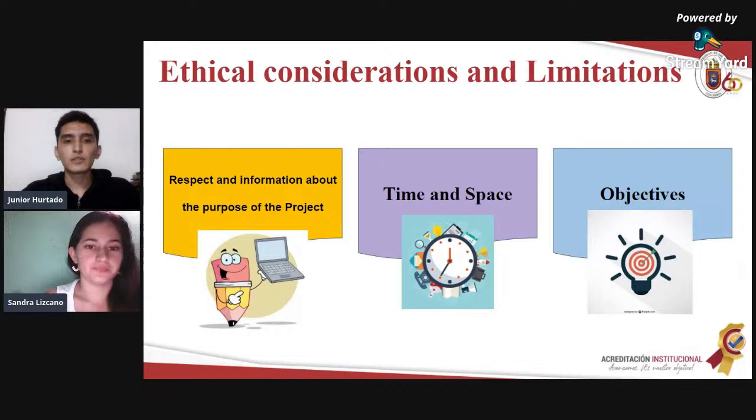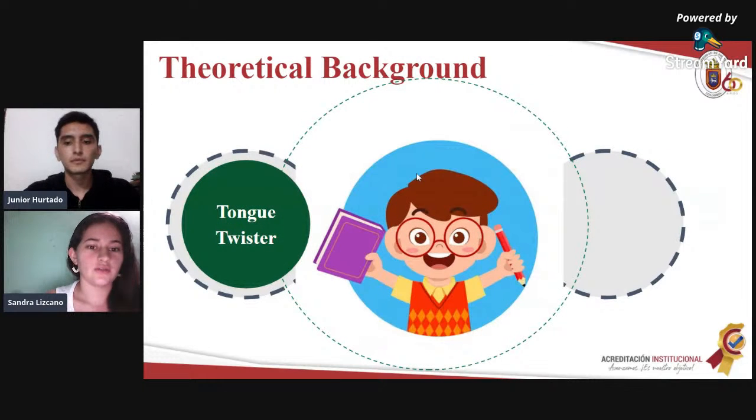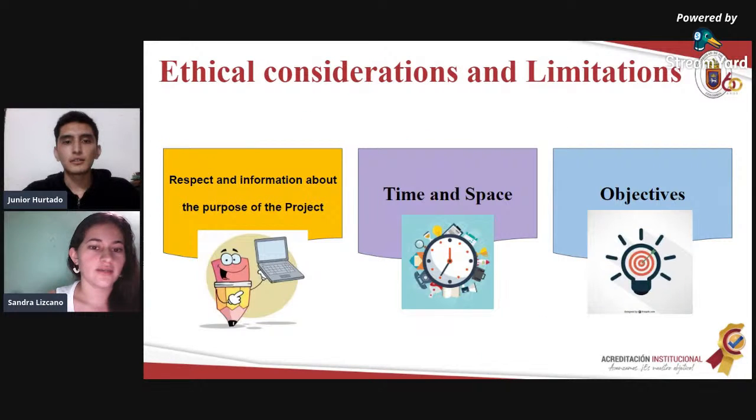So in this case, continue with the limitations. Okay, about the limitations, as my partner said, there are time and space considering the schedules that our participants have. So we have to take into account those limitations.